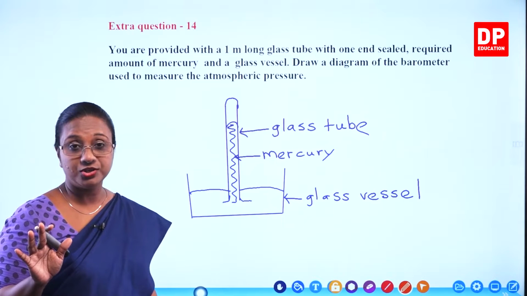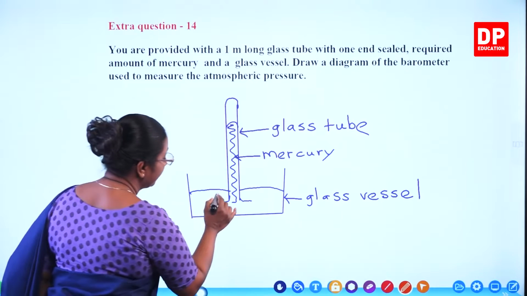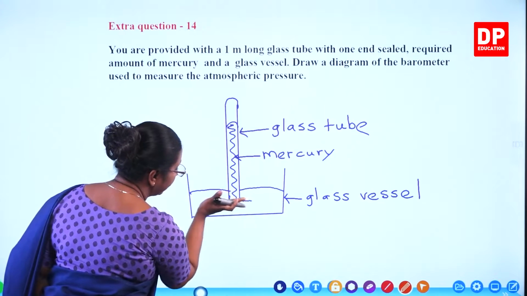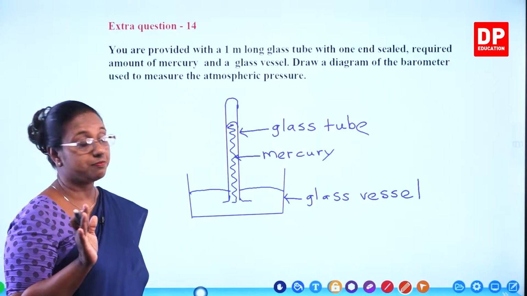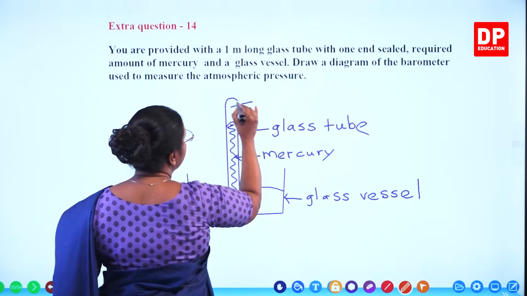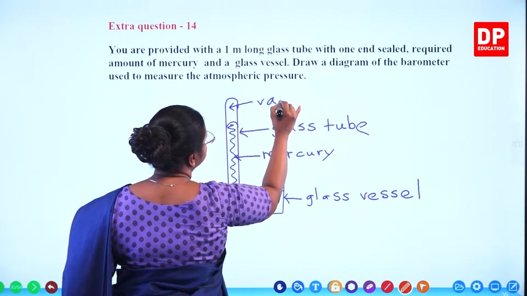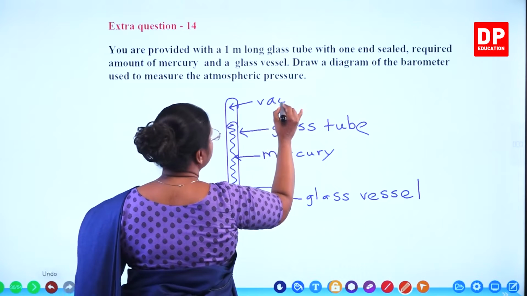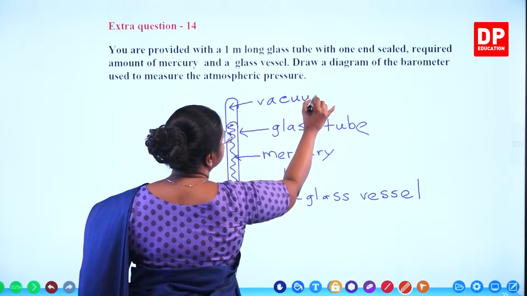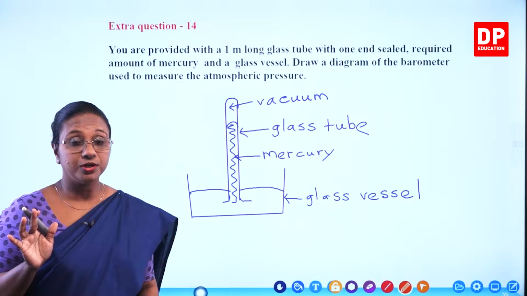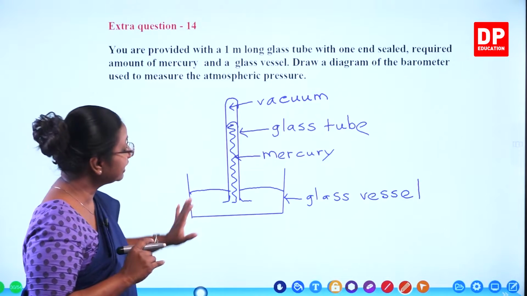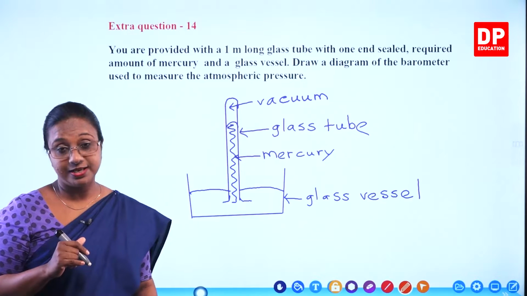That is the important thing. So when you draw, make sure the end of the glass tube is below the mercury level. And here there will be vacuum. Nothing should be there. That's very, very important. Then only you will get the correct reading for the atmospheric pressure.